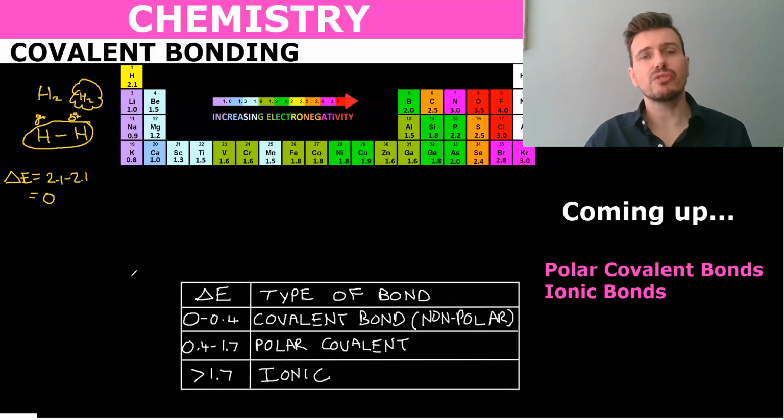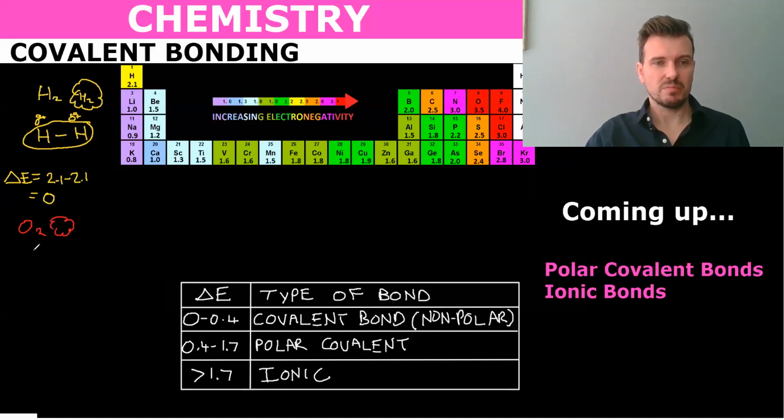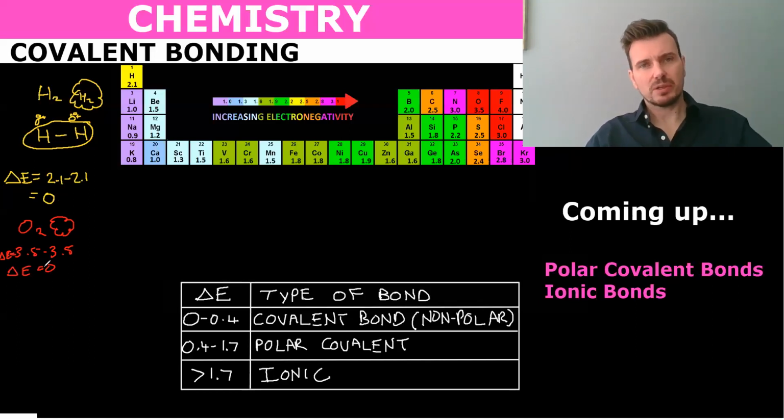So even if you don't know the electronegativities off by heart, you know that something like oxygen, O2, also a gas, both have 3.5. And so the change in E is going to be 0. So those are all our diatomic molecules with the same element.